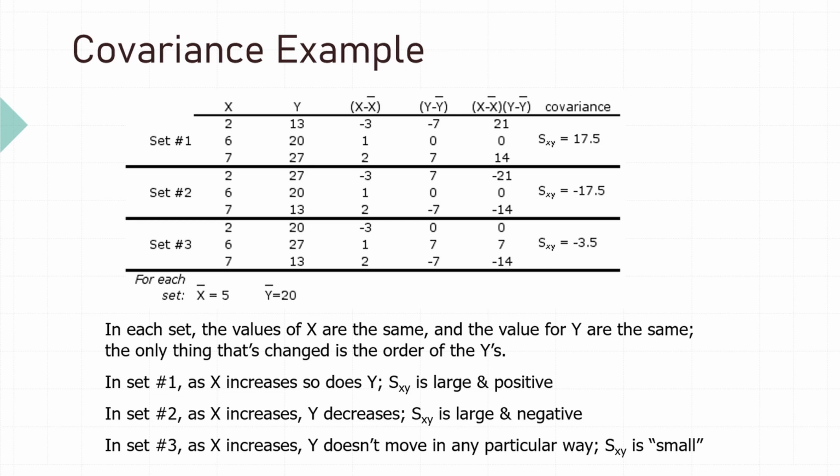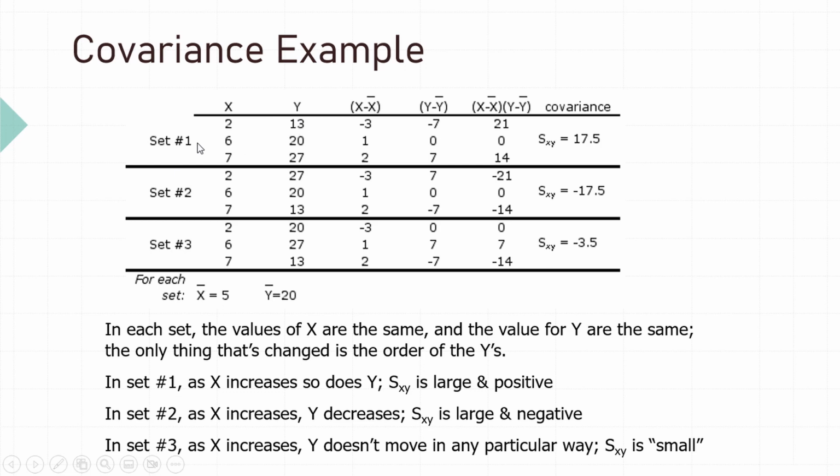Covariance. See, this is an example in which we have three data sets. In set number 1, x is 2, 6, 7 and y is 13, 20, 27. In the second and third data sets the numbers are the same, but the order of the dependent variable is changed.